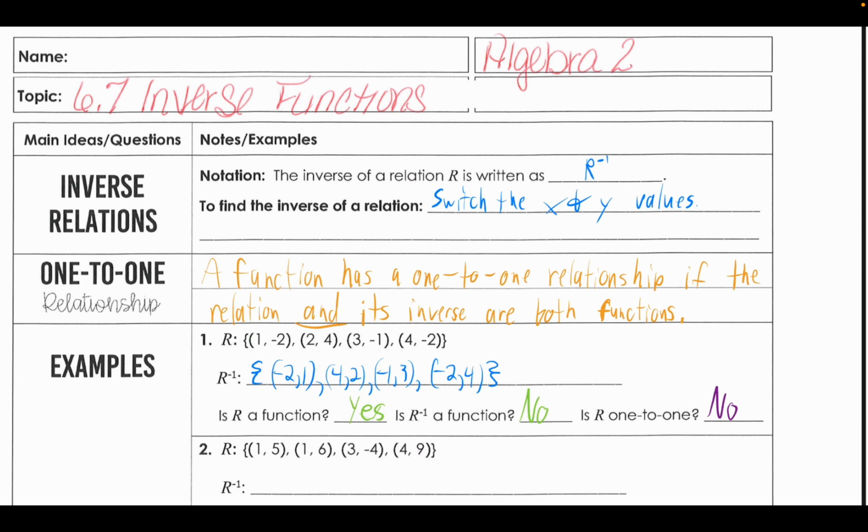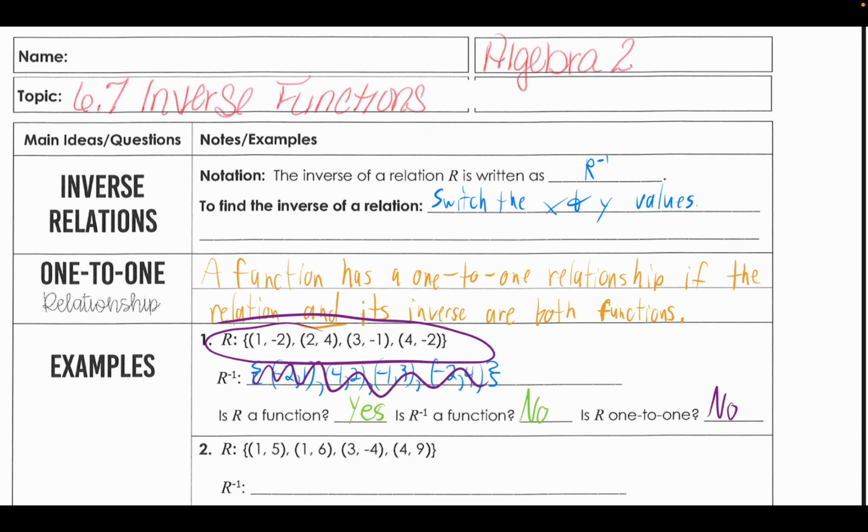Now, we could have known it's one-to-one without answering these individual questions, and it's actually, in a way, we could answer the individual questions on the way. And it's actually with only looking at this one and not even looking at the inverse. And that's by establishing, okay, do any of the x's repeat themselves? If the answer is yes, then the original is not a function. If the answer is no, then the original is a function. And then we ask the same question for y.